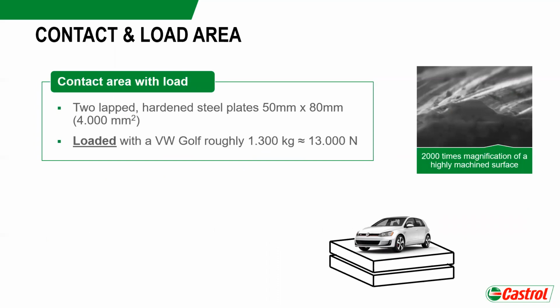Therefore, we have to consider a few basic things like contact areas and load. For example, we have taken two lapped and hardened steel plates of 50 by 80 millimeter, putting them on each other, loading them with a VW Golf, which has approximately 1,300 kilogram or approximately 13,000 Newton.